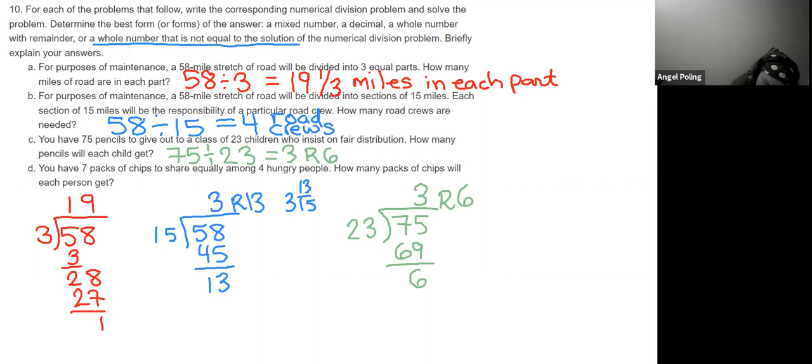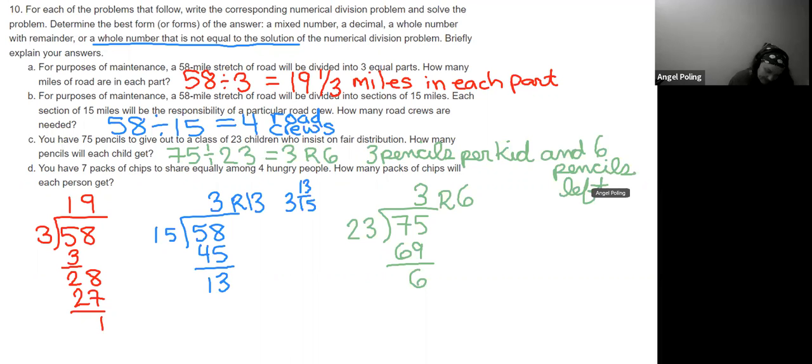So 3 pencils per kid. So 3 pencils per group and 6 pencils left over, because they insist on fairness. And now 6 kids are like, well, I don't really care if you're fair, right?